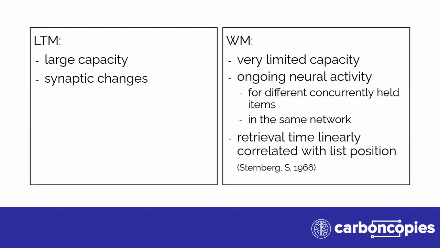Here, the preponderance of evidence points to encoding and maintenance by ongoing neural activity, and that neural activity can maintain different concurrently held items and can do so in the same general network or subregion. Interestingly, retrieval time for an item held in working memory is correlated in linear fashion with the position of that item in a list. This is the result of the famous Sternberg task.